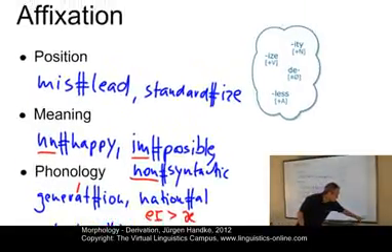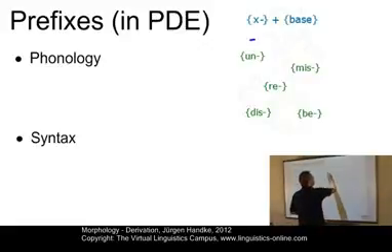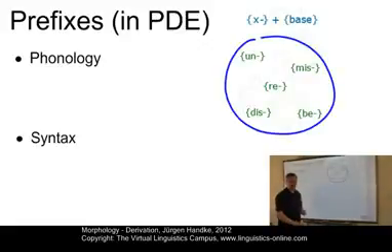Let's now look at prefixes in particular. Over here you find a set of prefixes, and they have one thing in common. They normally do not inflict phonological changes. So they are stress neutral.